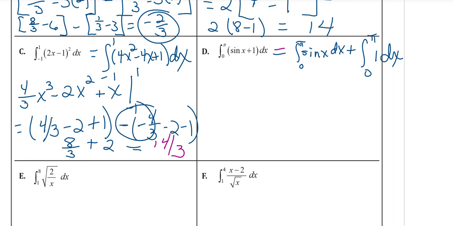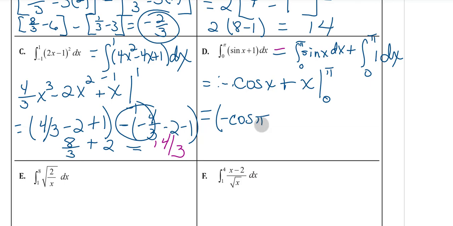Now, the antiderivative of sine is going to be negative cosine. Because remember, the derivative of cosine is negative sine, and I'm missing a negative sign, so I need to include that negative sign there. And then plus the antiderivative of 1 is going to be x, and I'm evaluating this from 0 to pi, so I'm going to get minus the cosine of pi plus pi, and then from that I'm going to subtract negative cosine of 0 plus 0.